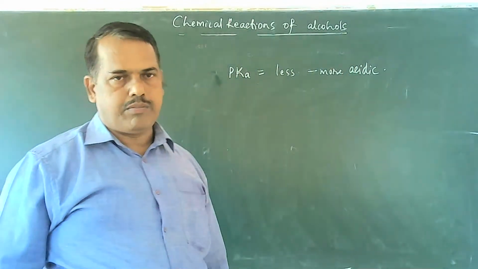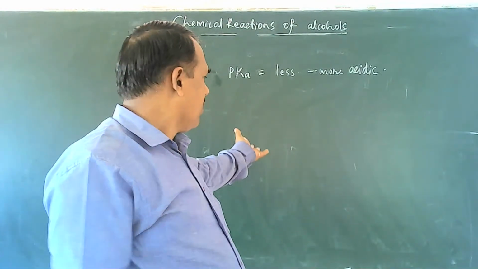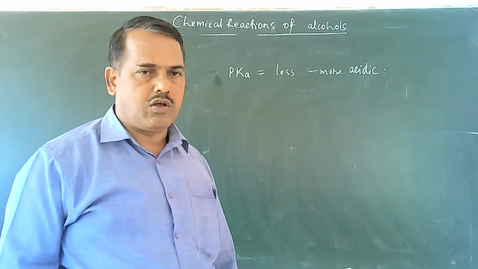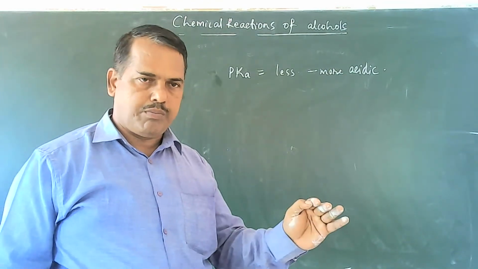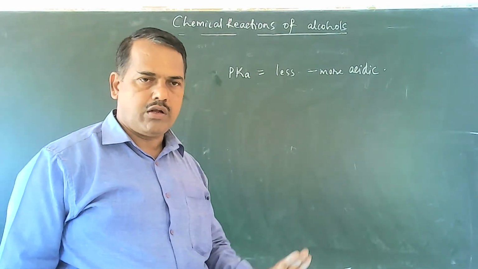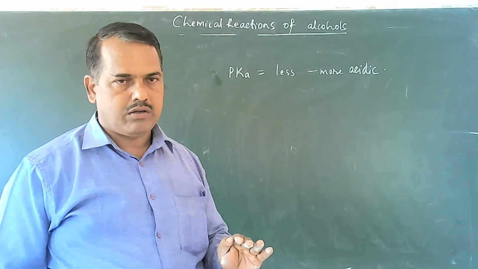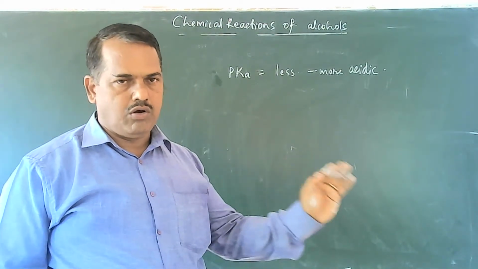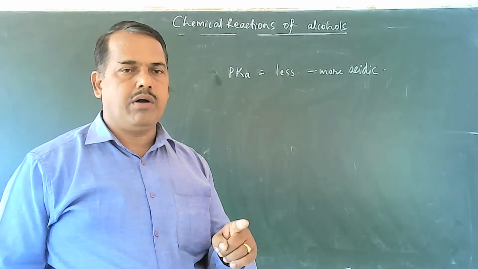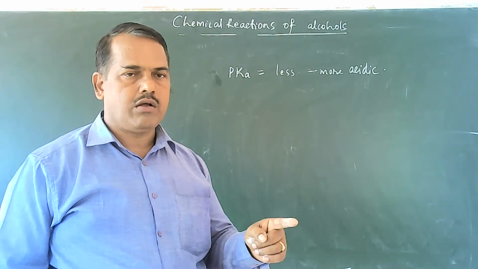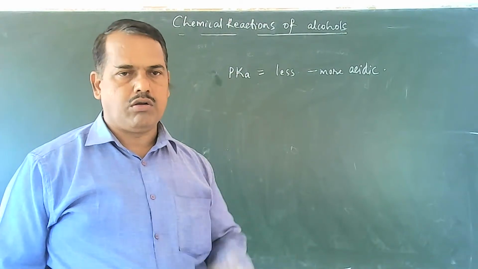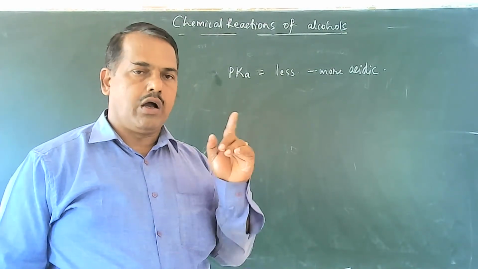If an electron withdrawing group is present at the ortho or para position, or at the meta position, the ortho and para positions are more acidic. So you can easily compare the acidic strength of alcohol and phenol. Dear students, you have to remember alcohols are less acidic than phenol. Are you clear?